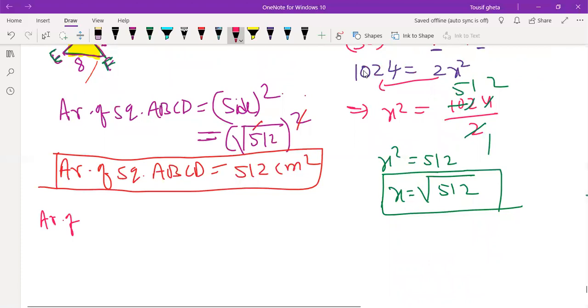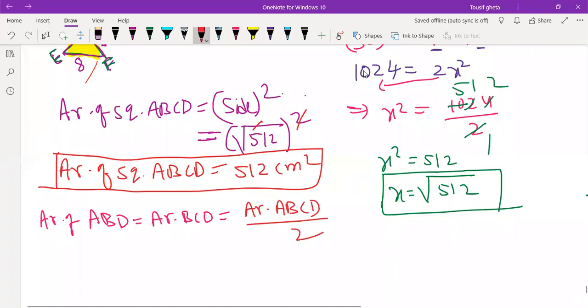Area of ABD is equal to area of BCD, which will be equal to area of ABCD by 2. Area of ABD and area of BCD is equal. It is nothing but half of area of square ABCD. 512 by 2.